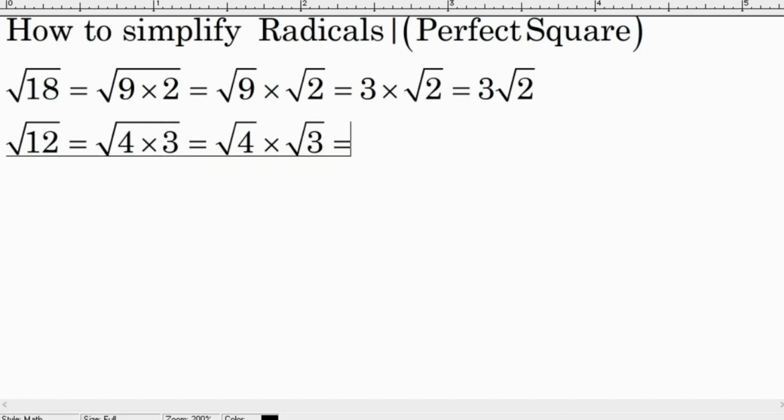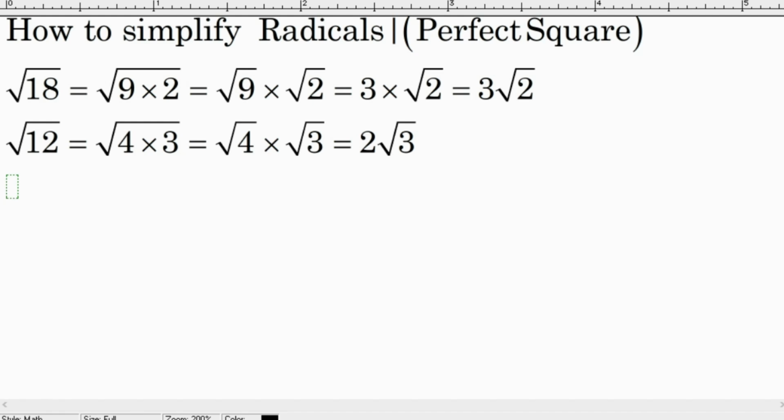The square root of 4 is equal to 2, and that will be 2 square root of 3 as the answer. This is a very important part of how to simplify radicals.